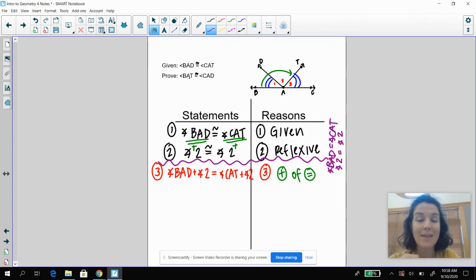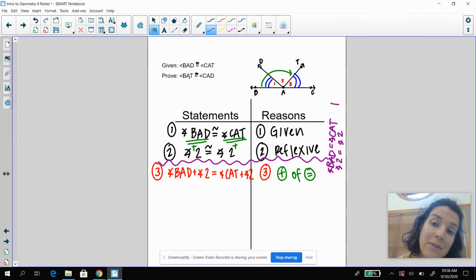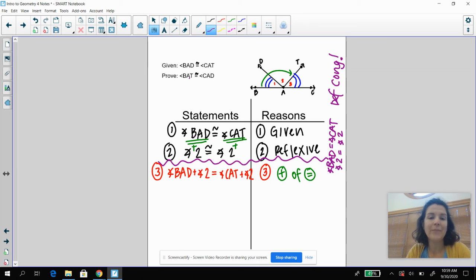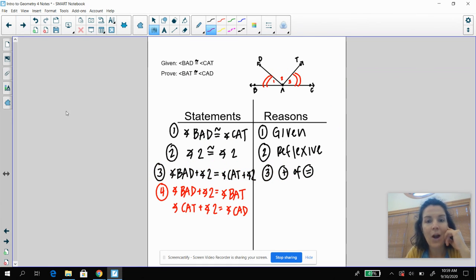And do you know why we're allowed to say that? Because of Def Cong. Def Cong! Great. And then that is what enables us to add them together. Don't forget our Def Cong step is in here.